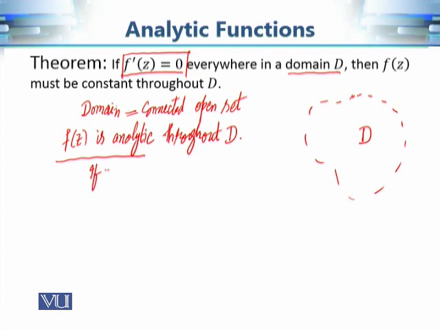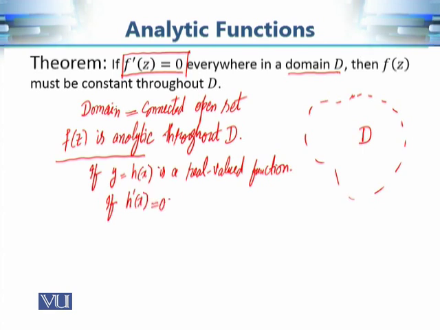Okay, so if y is equal to h of x is a real valued function, and we know that if h prime of x is 0, then it's a very simple exercise to check that this implies h of x is basically a constant.